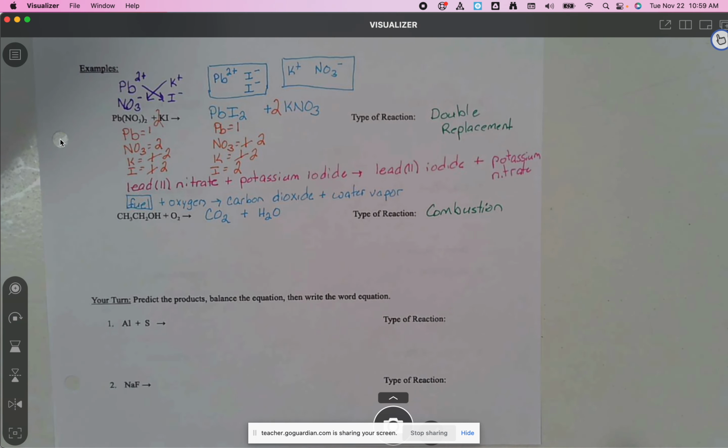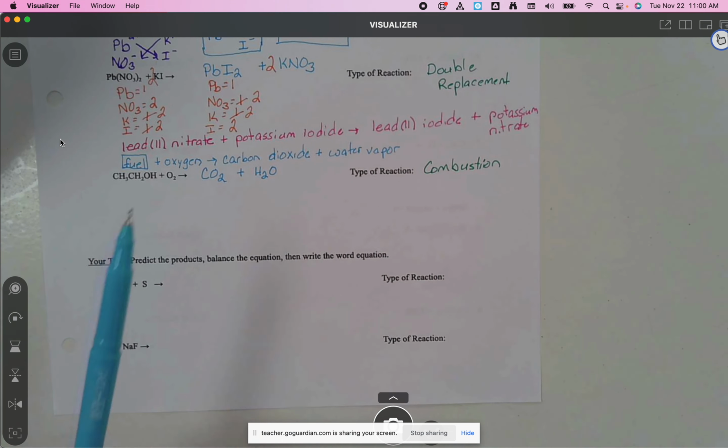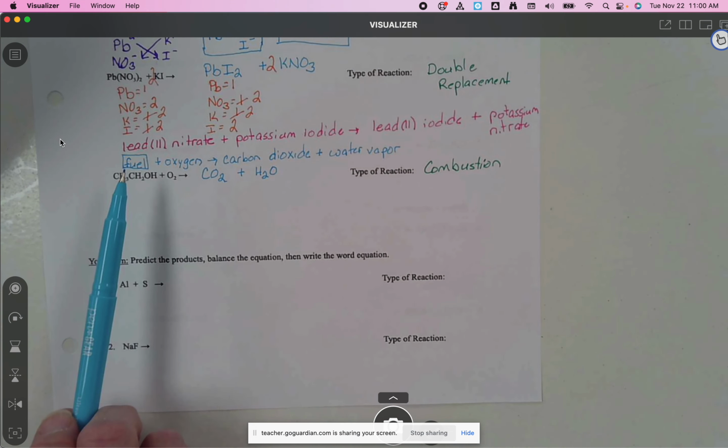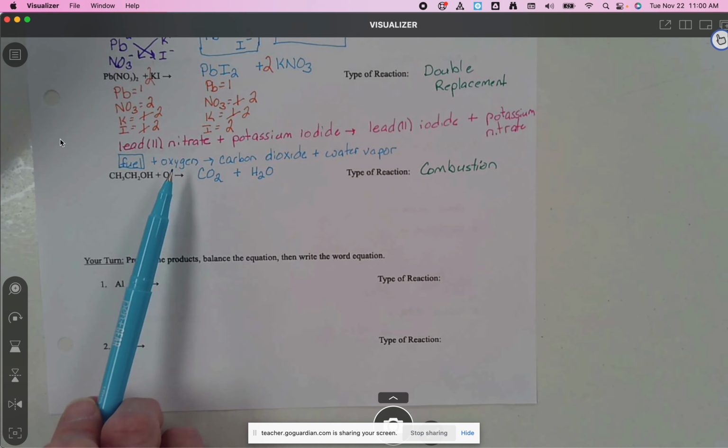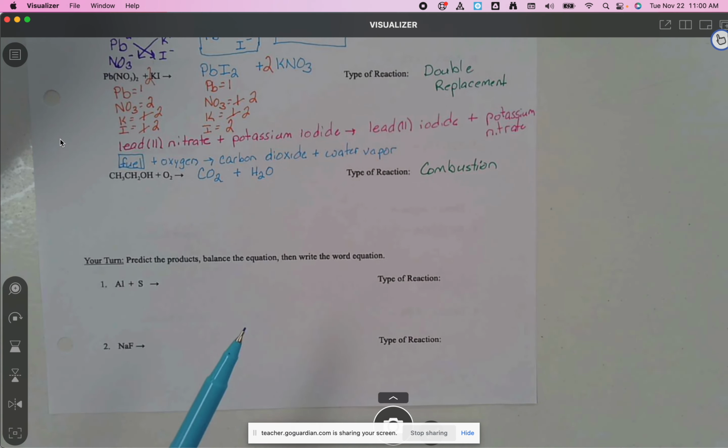Combustion reactions are literally fill in the blank. You just keep changing what's in the fuel box. Everything else stays the same. We know this from our fire triangle. Fuel plus oxygen is what it takes to burn, and it makes carbon dioxide and water vapor when all is said and done.